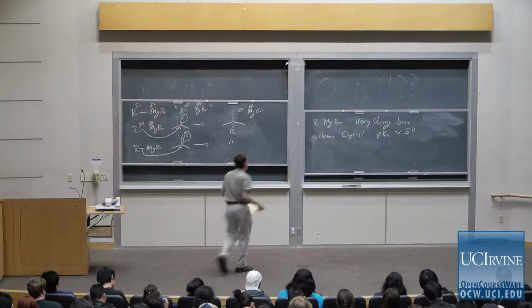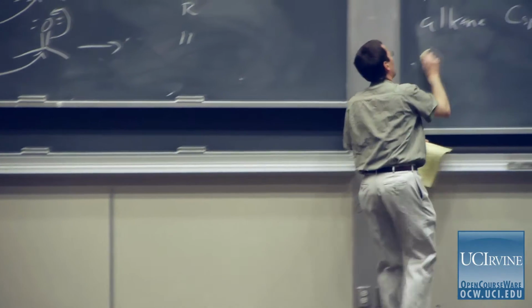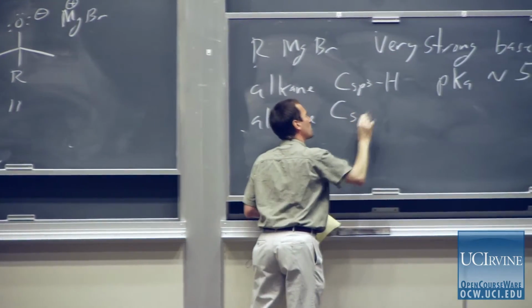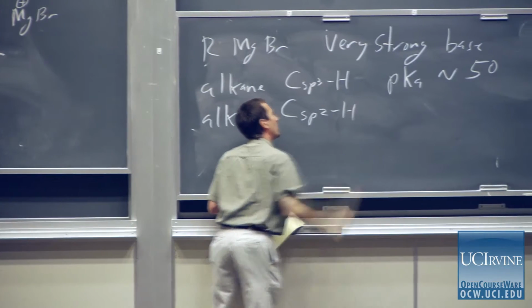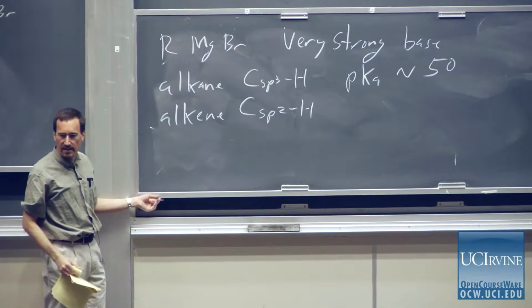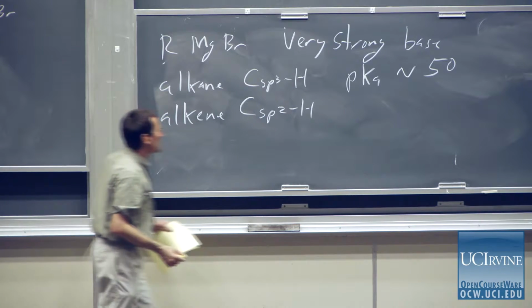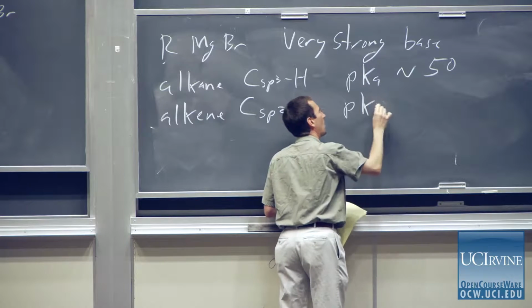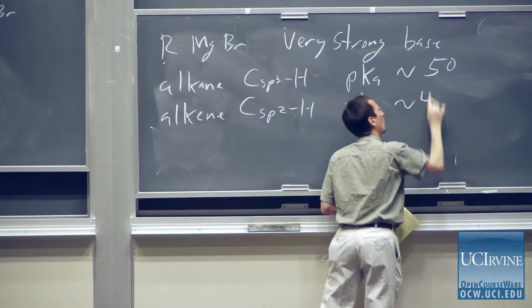If you have an alkene, now you have an sp2 carbon bound to a hydrogen. The electrons are held a little more tightly in this type of structure. The pKa now is about 44.